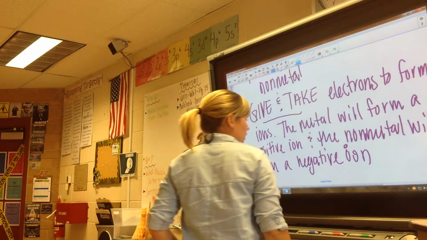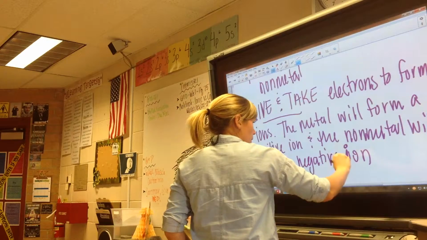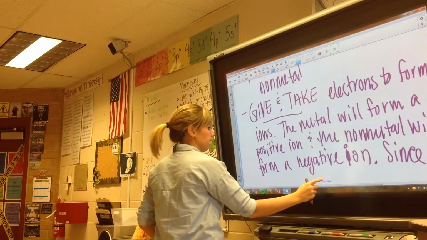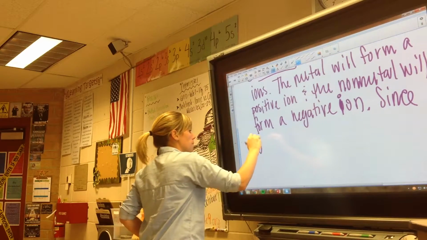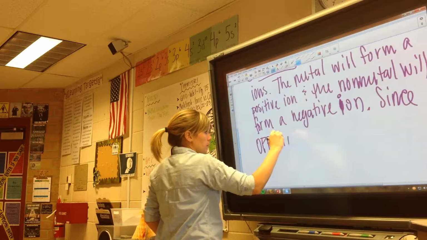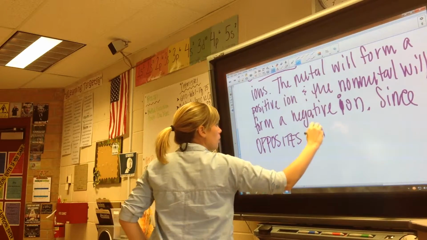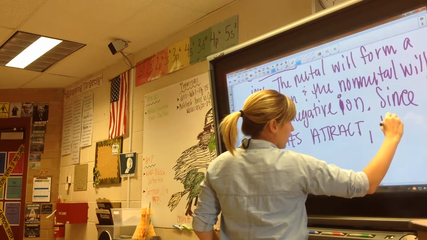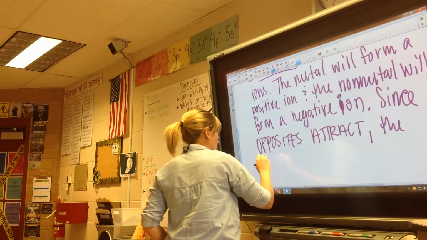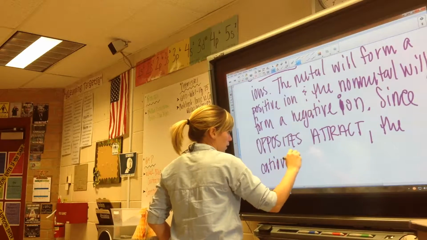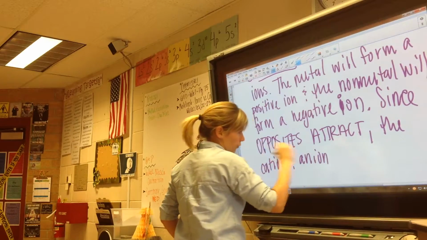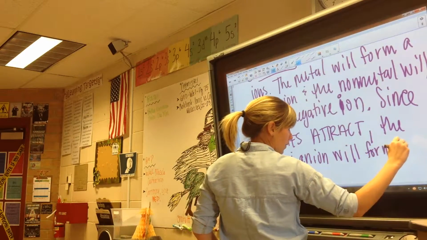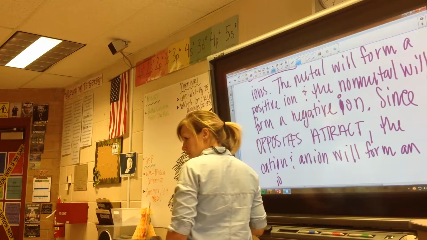Since opposites attract, the cation and anion will form a bond, an ionic bond. Taken, not shared.